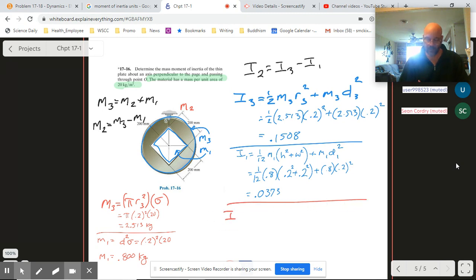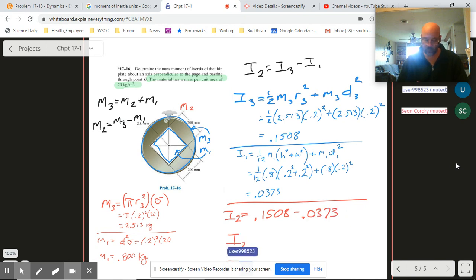Now to get my final answer, we'll just put it all together. And so I2, I think as we called that, is I3, which is 0.1508, minus the other one, 0.0373.